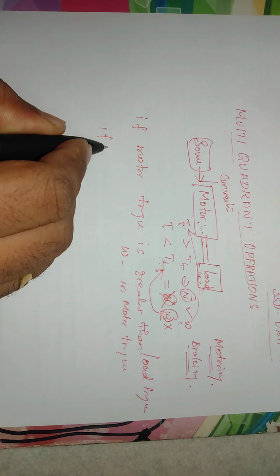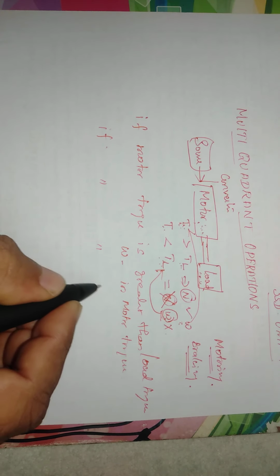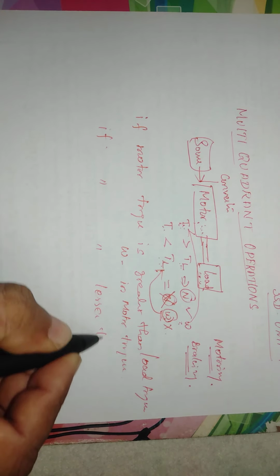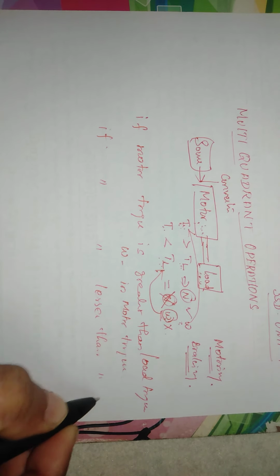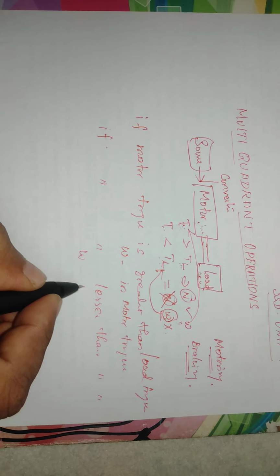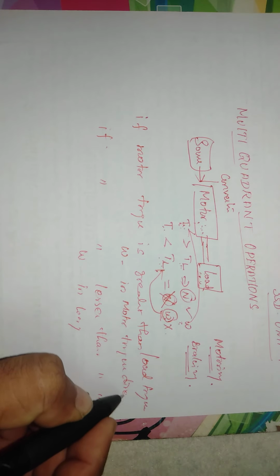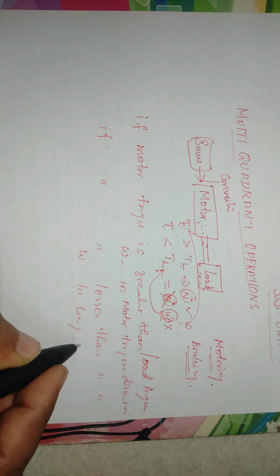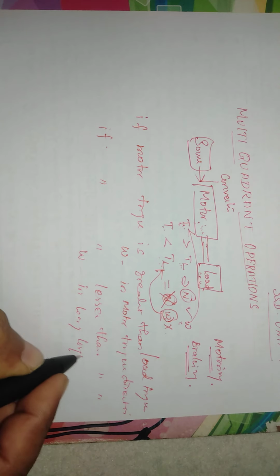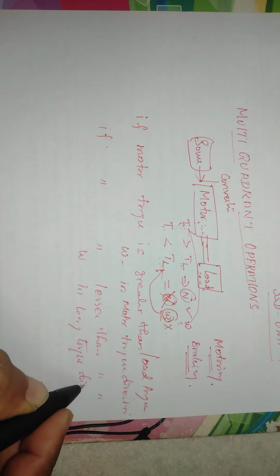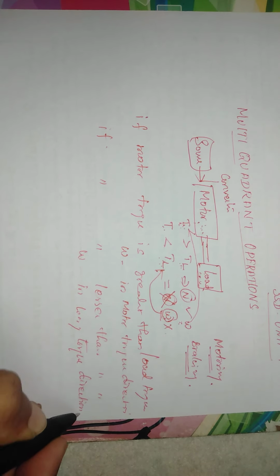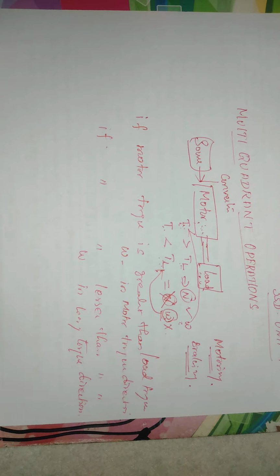Similarly, if the motor torque is lesser than the load torque, the speed will be in the load torque direction. That is the main thing we need to identify using this concept.